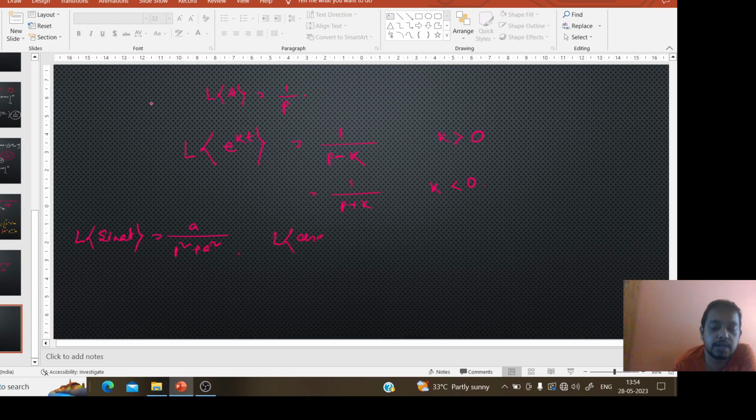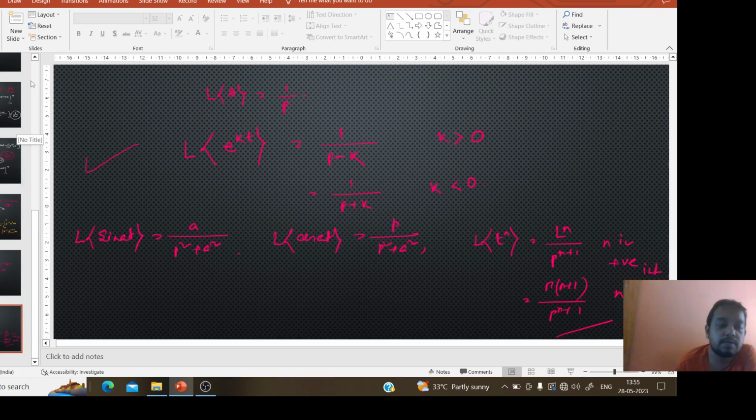L of cos at is equal to p by p square plus a square, and L of t to the power n is equal to factorial n by p to the power n plus 1 when n is any positive integer, and when n is greater than 0, you can write gamma n plus 1 by p to the power n plus 1. So you can write down all these as formulas and you can solve any type of problem.